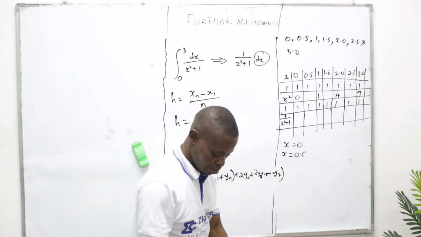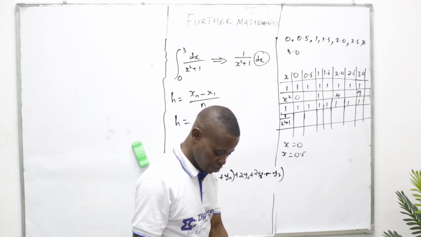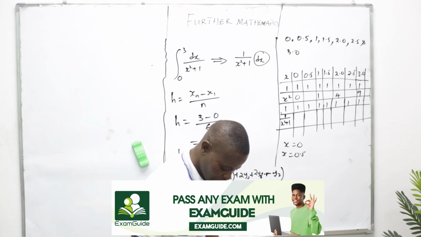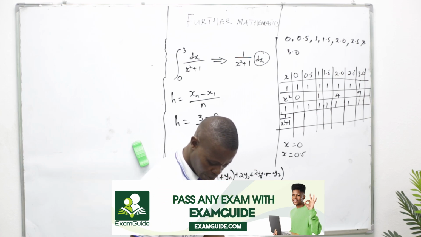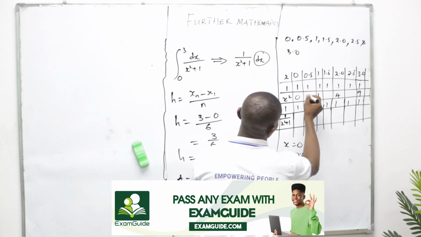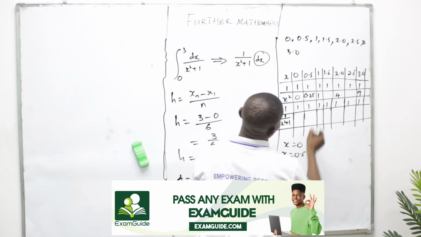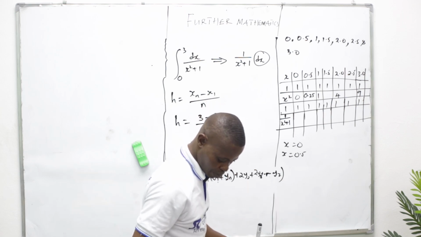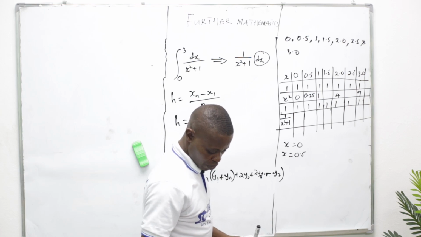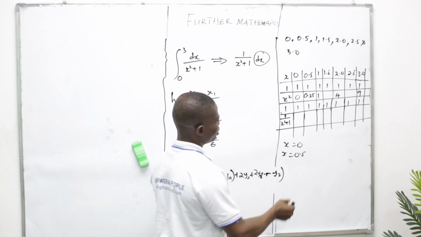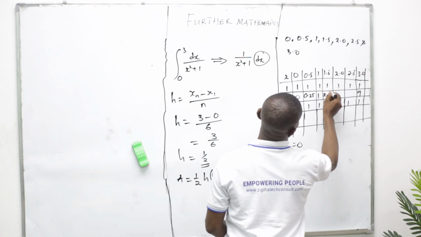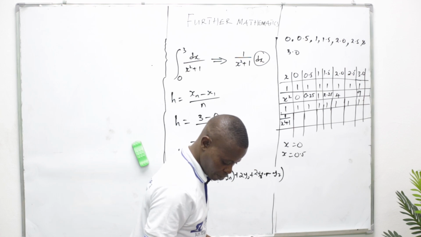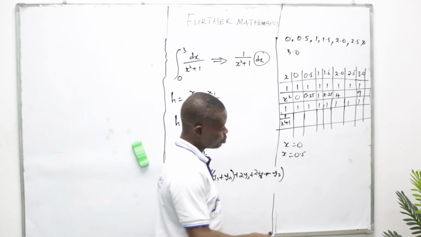Applying our calculator, 0.5 times 0.5 gives 0.5 squared, which is 0.25. 1.5 squared gives 2.25. 2.5 squared is 6.25.